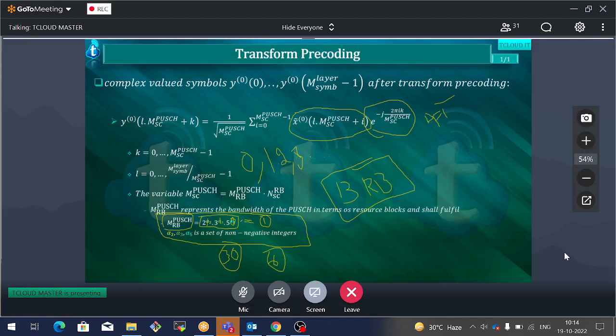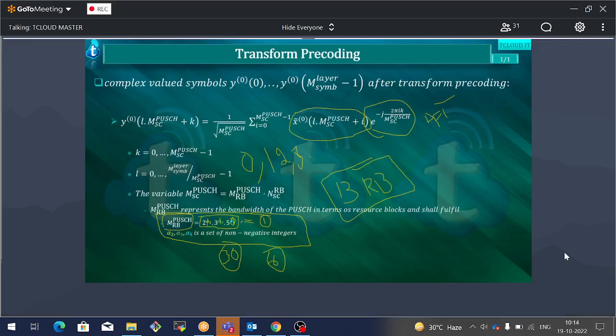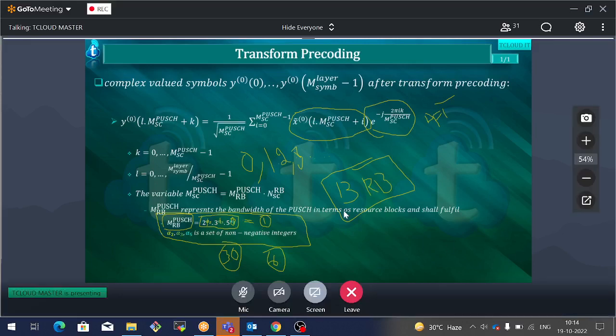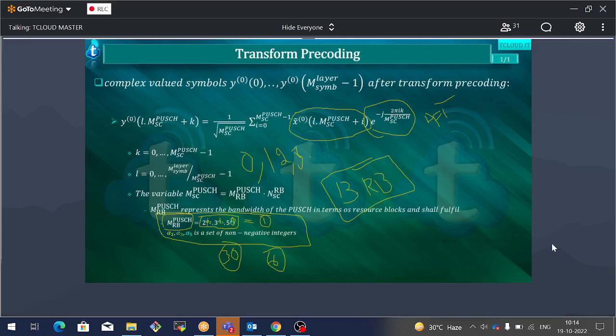It should be a multiple of at least one of these elements. 13 is not. 13 you can't divide by 2, 3, or 5, nothing. So obviously you won't be able to reach 13 with any combination of alpha 2, alpha 3, alpha 5. So that kind of allocation is not allowed. That is the point. So, simple.